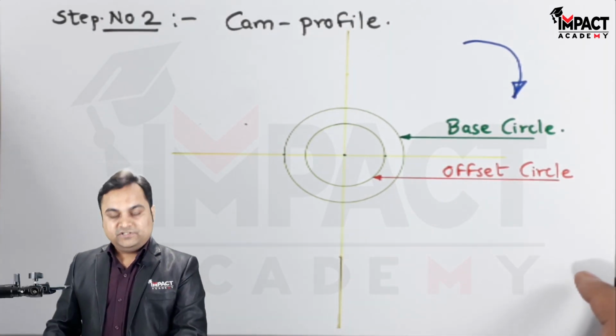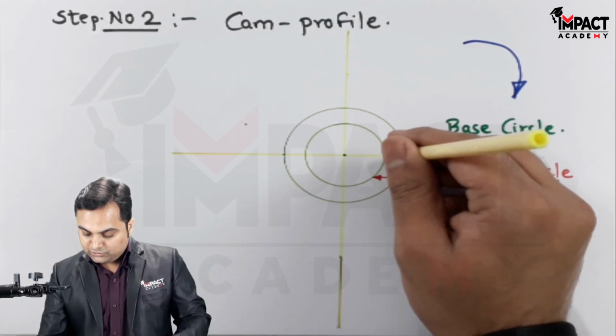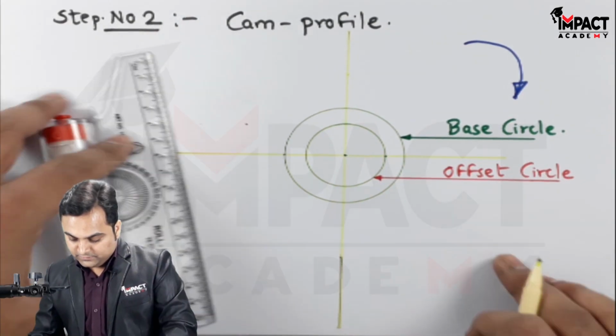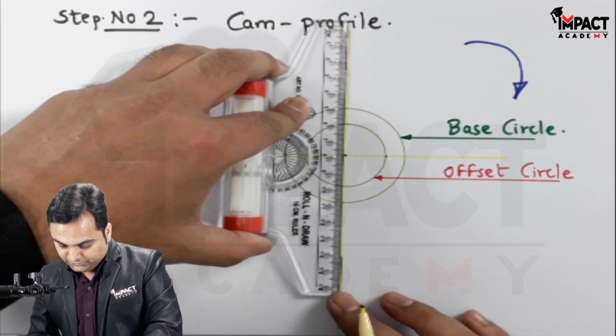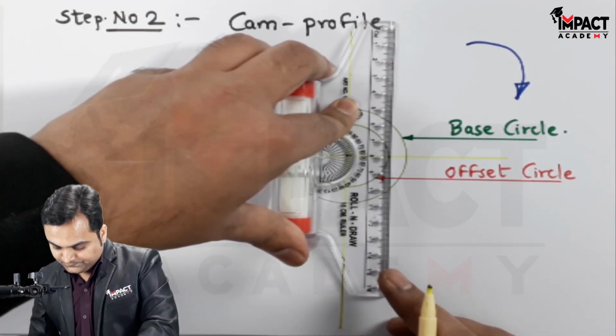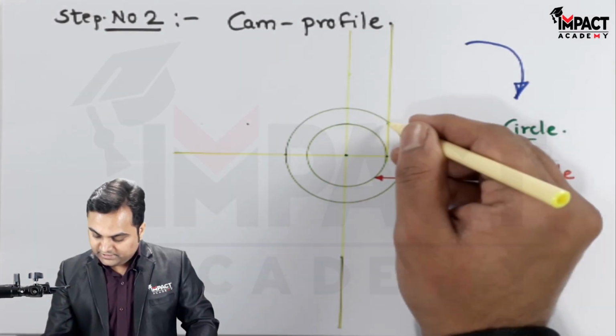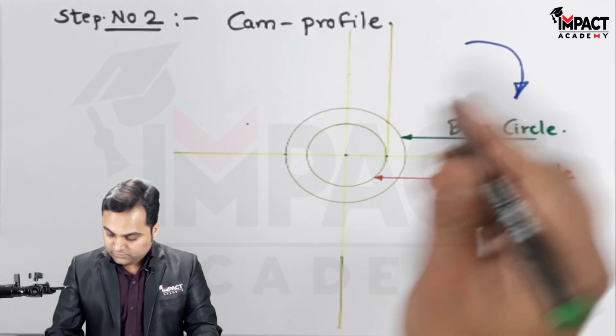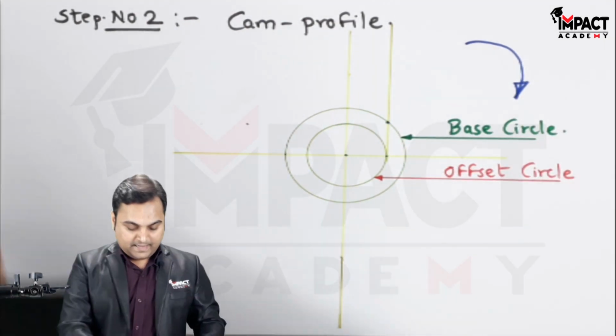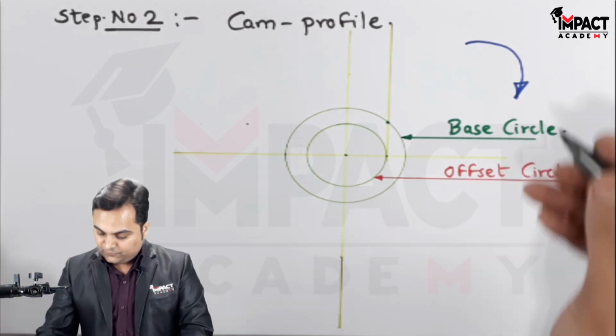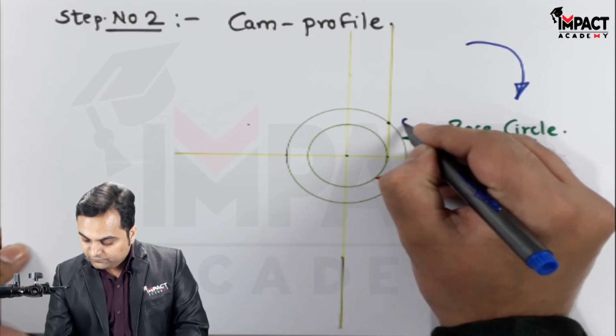The same offset distance I'll be projecting up to the base circle, so that will give me the contact point of the knife edge follower. So here I am getting this contact point for the knife edge follower, and that would be the reference point O for the knife edge.